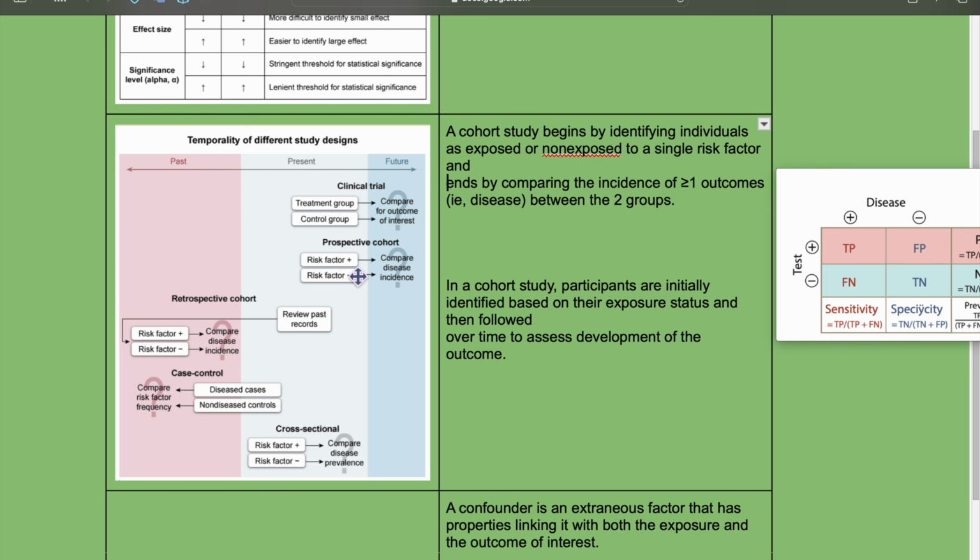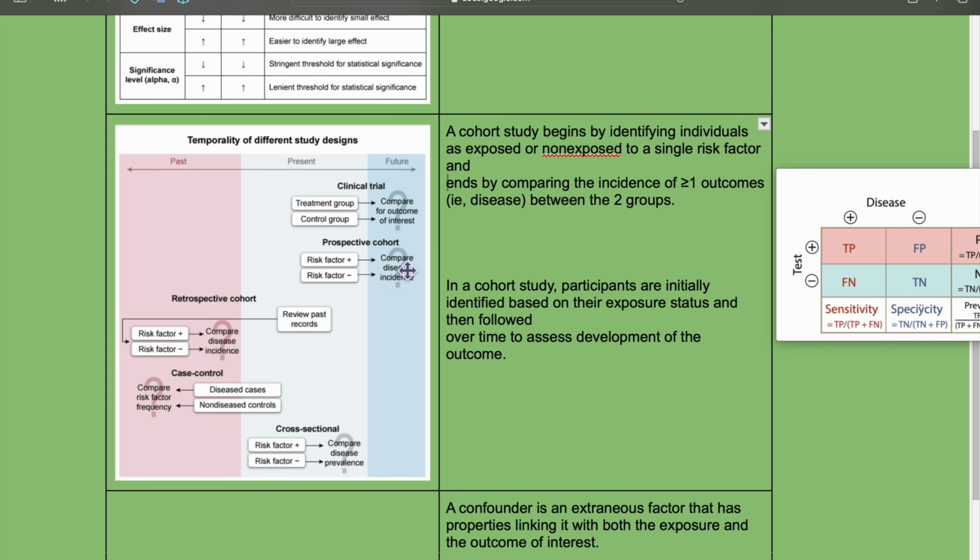So there are 2 types of cohort studies. There's prospective and there's retrospective. In prospective, they look at the risk factors. So say smoking, right? You have people who smoke and people who don't smoke, and then you follow them in a particular population, like say in Beijing or Delhi, and then you compare the disease incidence.